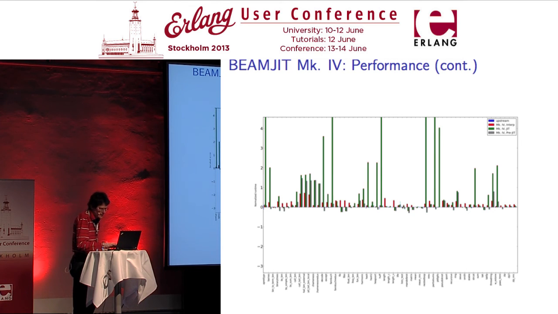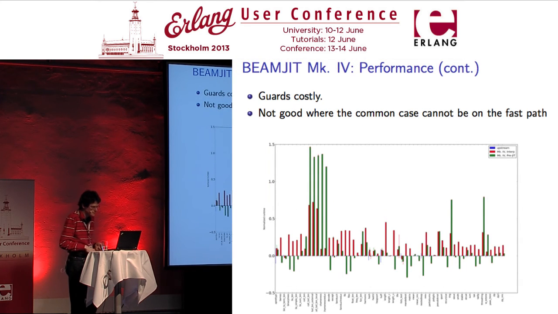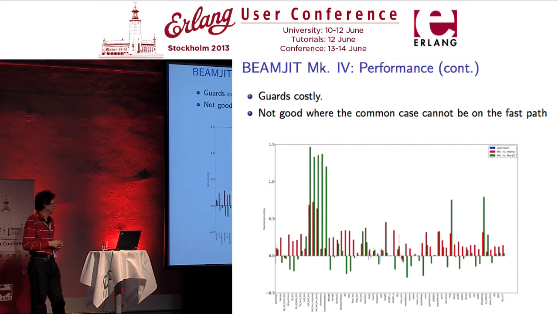If you instead look at the performance of the generated native code, like in this slide, you see that it actually looks pretty good, at least on that part. So there are some cases where we have problems.